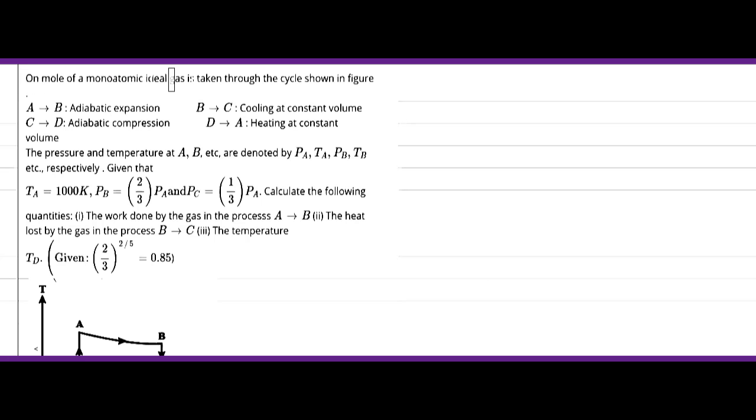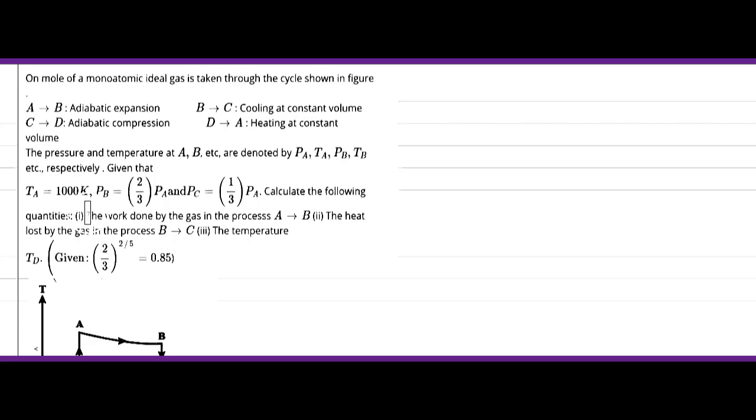1 mole of a monoatomic ideal gas is taken through the cycle in the figure. A to B adiabatic expansion, B to C cooling at constant volume, C to D adiabatic expansion, D to A heating at constant volume. The pressure and temperature at points A and B etc. are denoted by PA, TA and so on respectively. Given that TA is equal to 1000 K, PB is equal to 2 by 3 of PA, PC is equal to PA by 3.